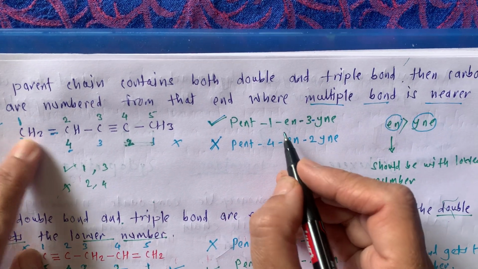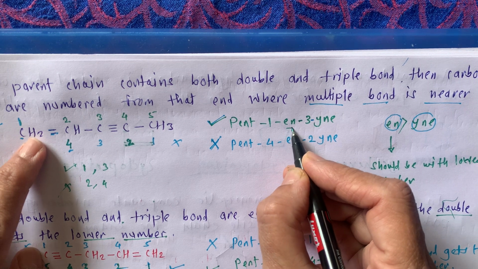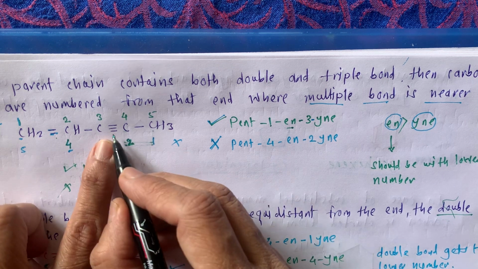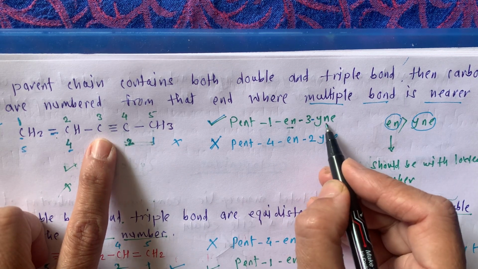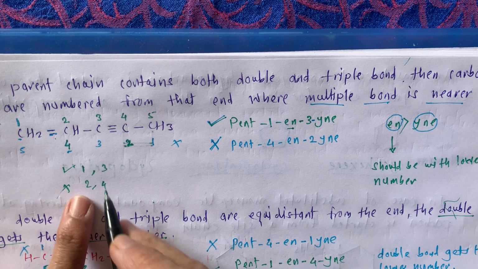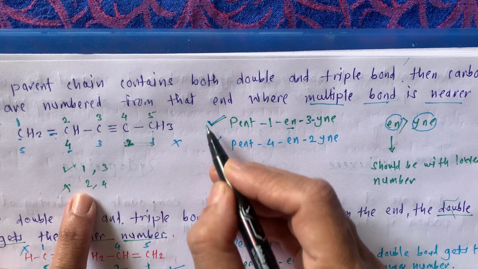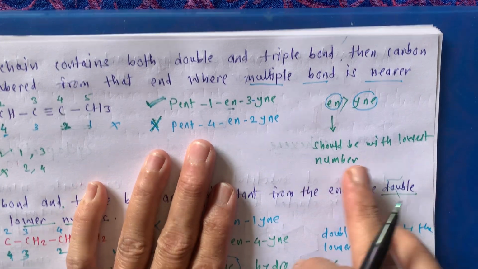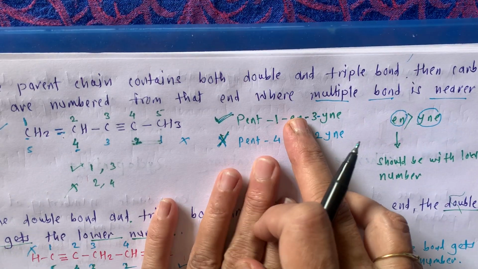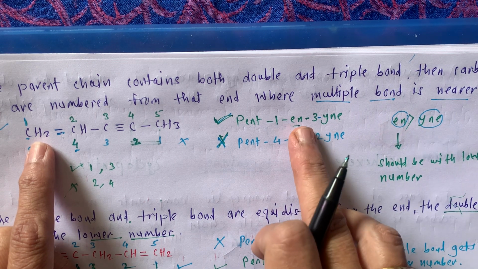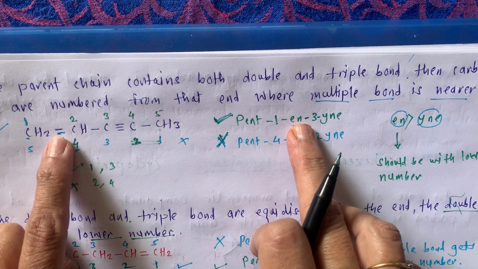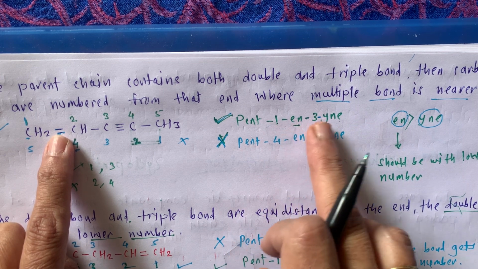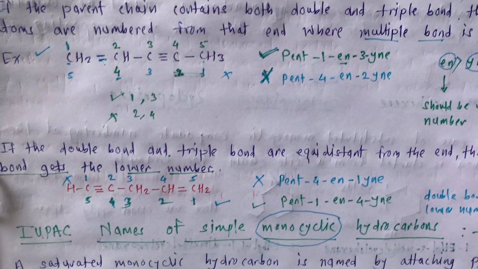First we write En, that is on the first carbon, so 1-en. On the third carbon there is a triple bond, so 3-yne. And we are not going to select this. So this is the correct name, this is the wrong name. And as En has more priority, this En should get the lowest possible number. So we write it like this: pent-1-en-3-yne.